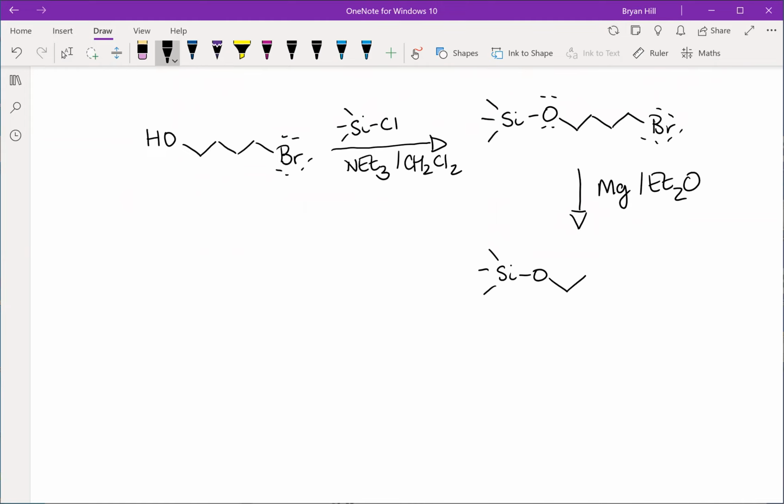Since there's no acidic proton there anymore, it doesn't react, doesn't interfere. Then we're going to add it to some carbonyl compound. Let's add it to, I don't know, cyclohexanone, THF. And we'll do an acidic workup, add a little bit of H3O+ in there.